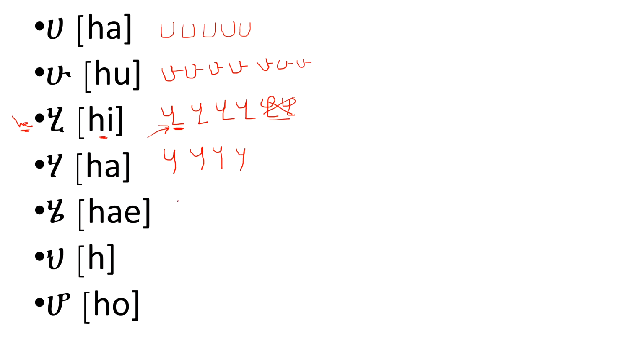And this one is he. You write it like this. And this one is he. Just like this. And the last one is ho, and you write it like this.